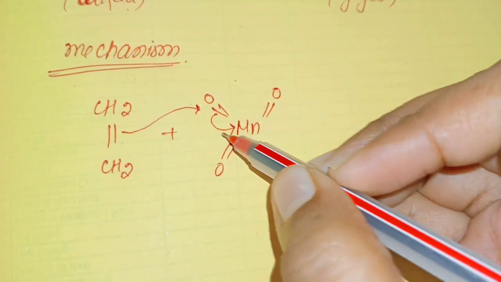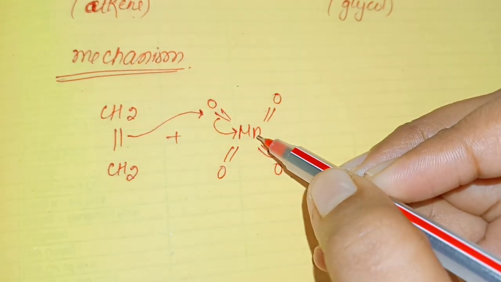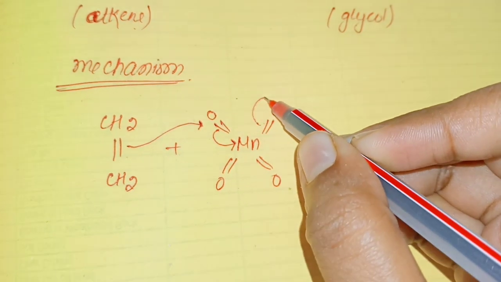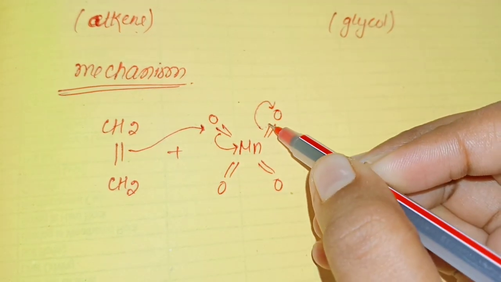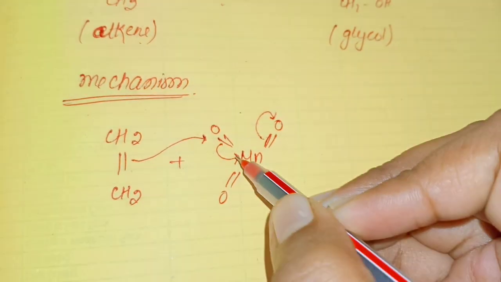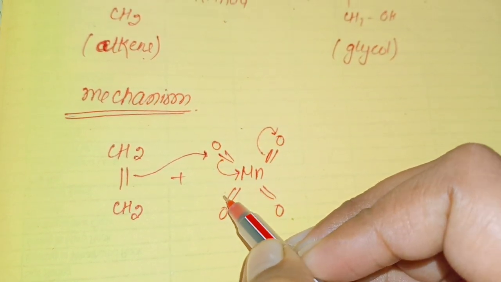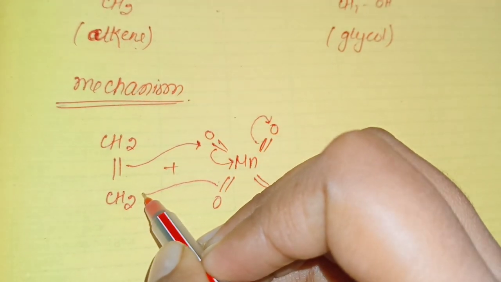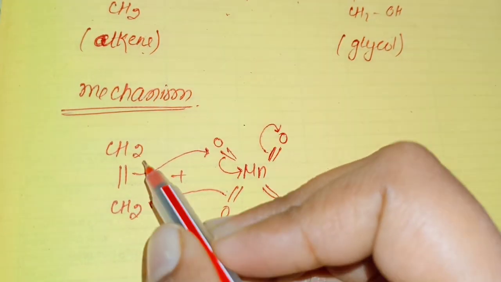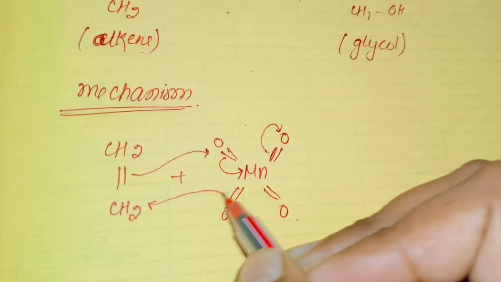So as this bond breaks and comes here, to balance this reaction the oxygen breaks the double bond and forms a negative sign here. As it is done like this, the manganese-oxygen bond breaks down and carbon-oxygen bond formation takes place, which means that the carbon-carbon pi bond breaks down and two carbon-oxygen bonds are formed.